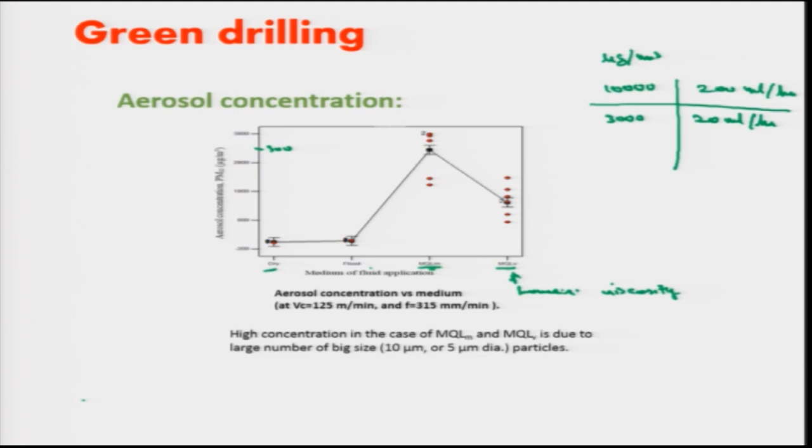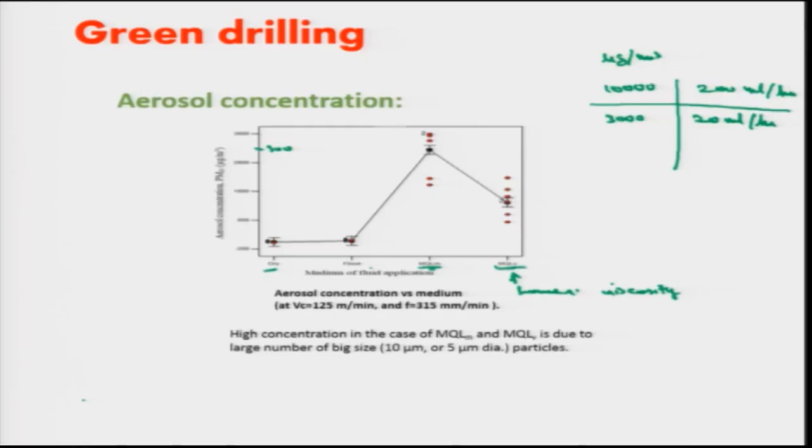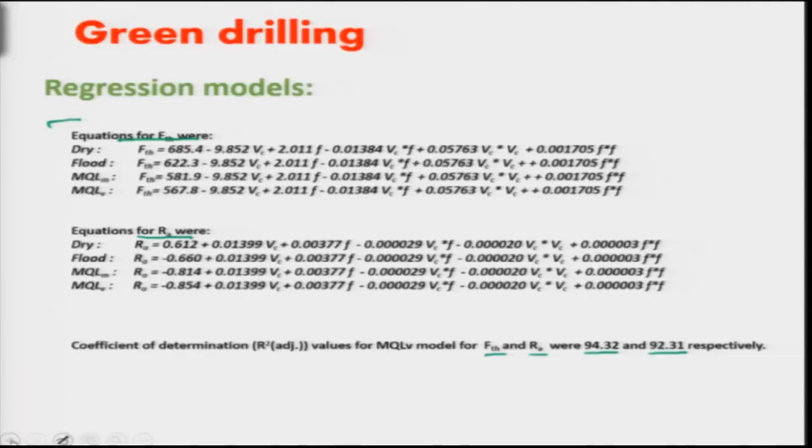The lower viscosity of vegetable oil and water emulsion generates smaller size particles. So we recommend the MQL-V method here. Now we need to optimize and set the specific machine settings in which we get the lesser energy. So these were for the other factors like the peak and average noises and the aerosol concentration.